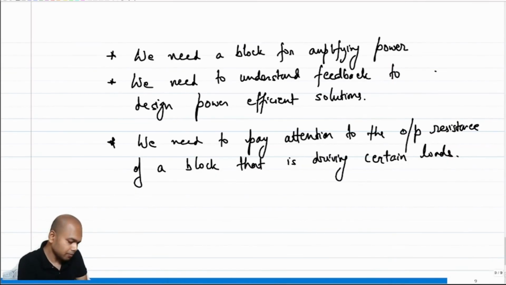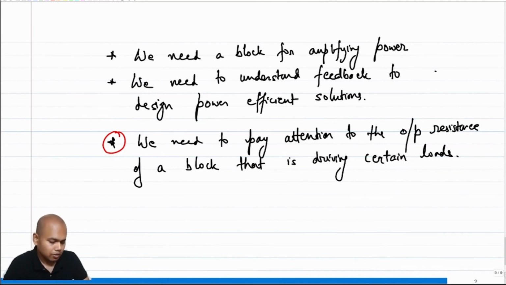The final one is super important, right? We'll be using it day in and day out. Because we need to pay attention to the output resistance of a block, or for that matter some equivalent resistance or Thevenin resistance of a block, we need to brush up our basic circuit theory problems on figuring out resistances of a block.